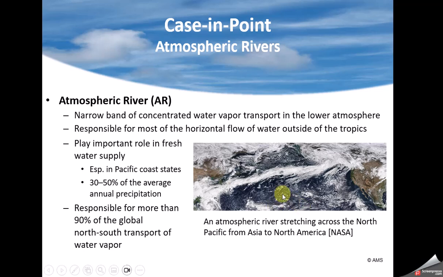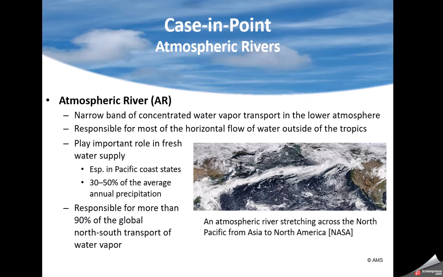You can see a plume of clouds all the way from central Pacific all the way into the west coast of the United States. This is called an atmospheric river. They happen all over the place, just happen to be fairly frequent out in the west coast sometimes in certain conditions.